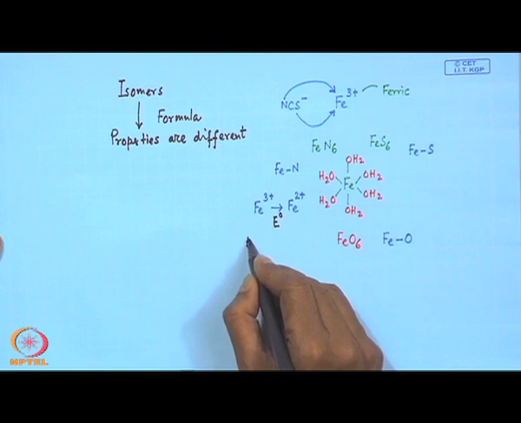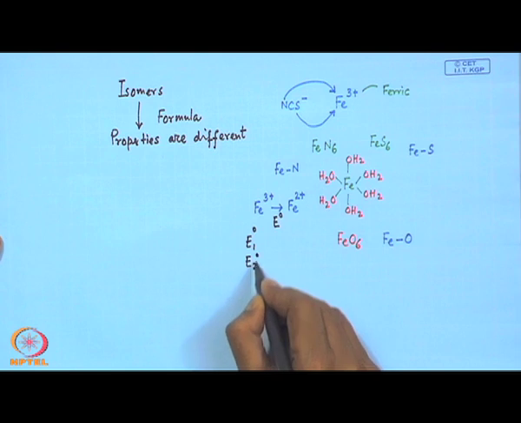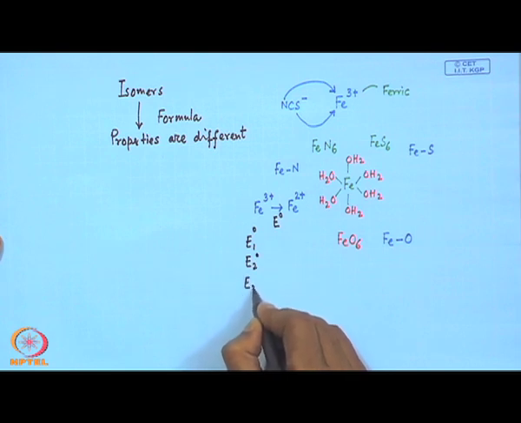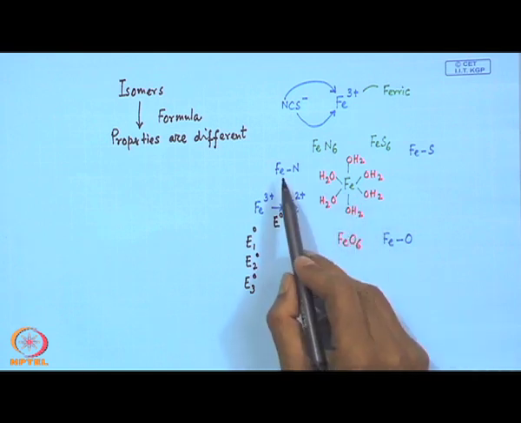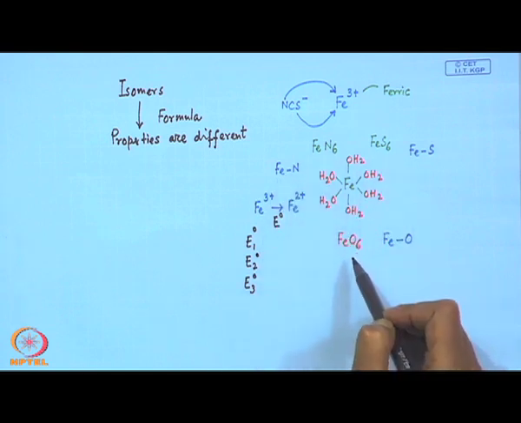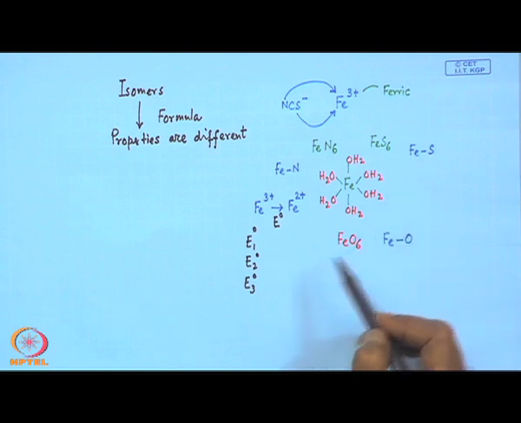So, we can have E1 0, E2 0, or E3 0, which are very much characteristic of 3 different types of species forming in the solution, with different ligand arrangements around the ferric center.